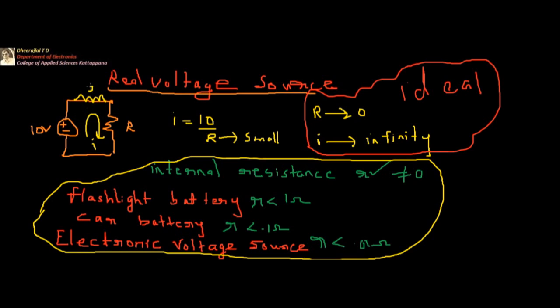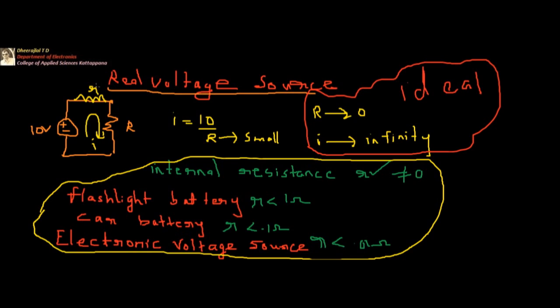Let this be the internal resistance, small r. Then this load current has to flow through the internal resistance of the voltage source. Due to that, some voltage is dropped across the internal resistance, or you can say the source resistance.